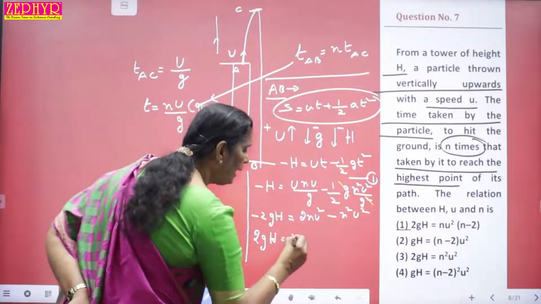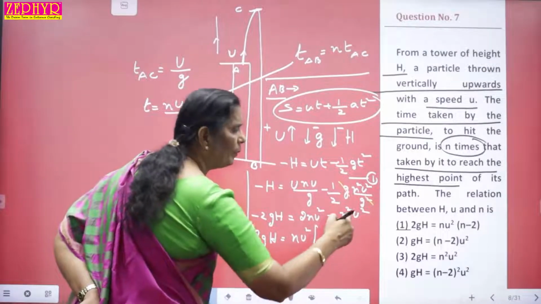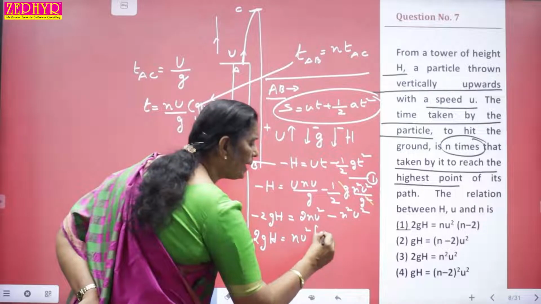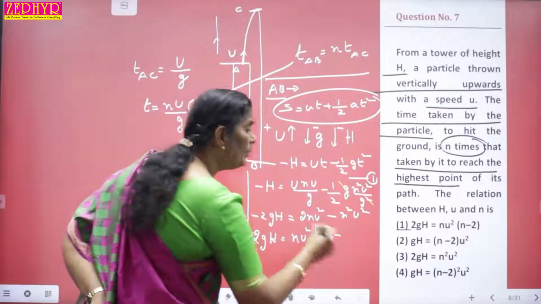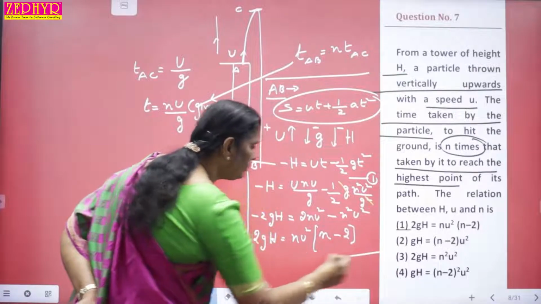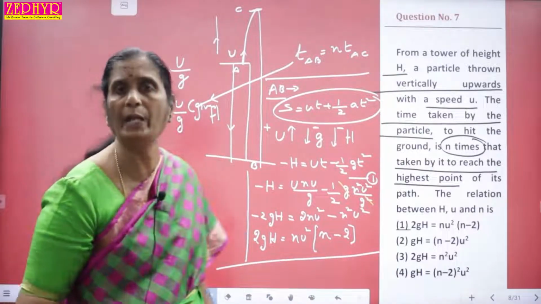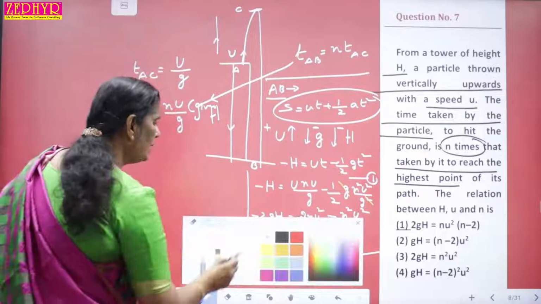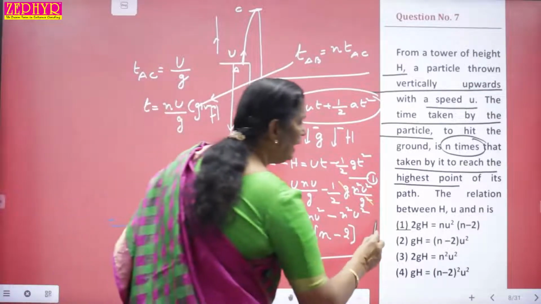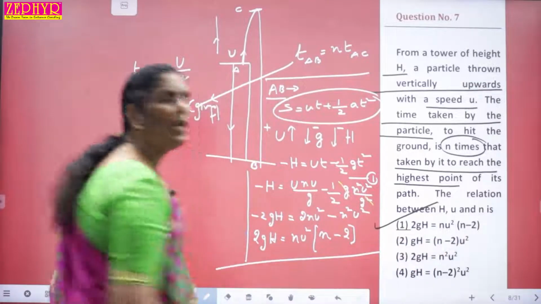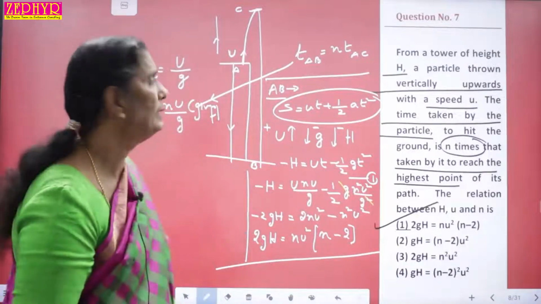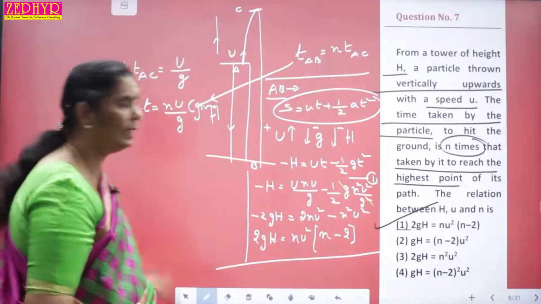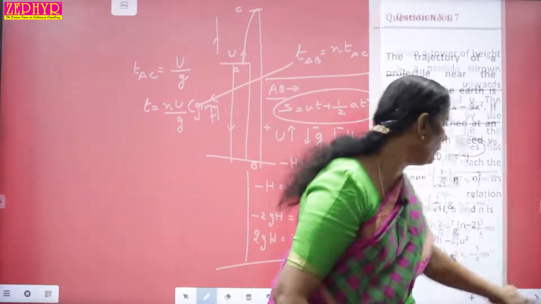So this will be the identity between H and u: 2gH is equal to n u square into (n minus 2). Very simple question. Only thing is we have to connect time like that. Students, go through it and think about the sign convention.